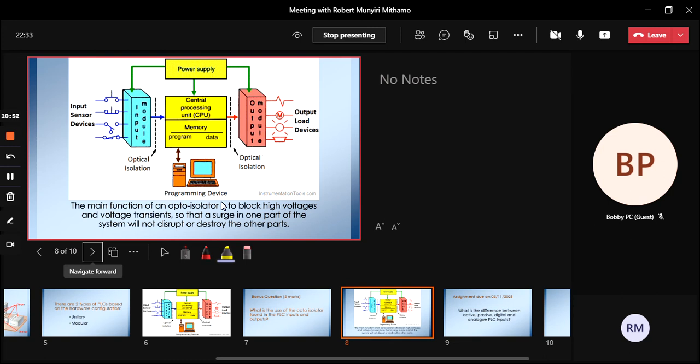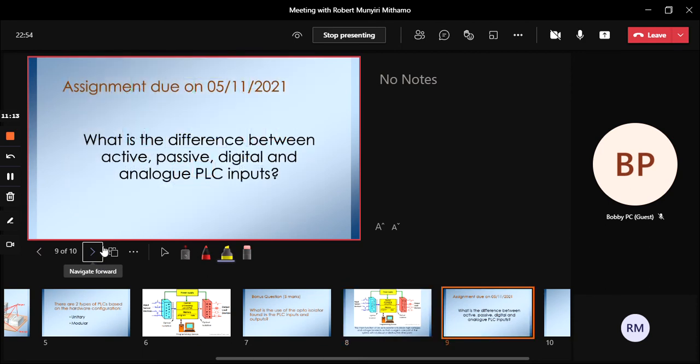Now next, what is the use of the opto-isolator found in the PLC inputs and outputs? I don't know if you noticed it, but we had an opto-isolator. You can very well see it here. Let me highlight it for you. The opto-isolator is found in between the inputs and the outputs.